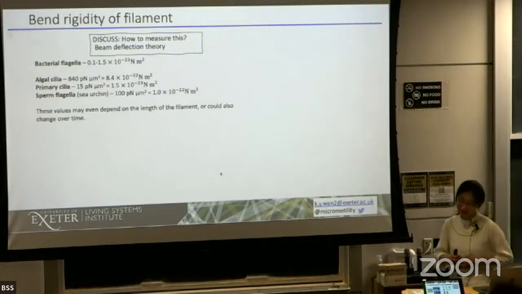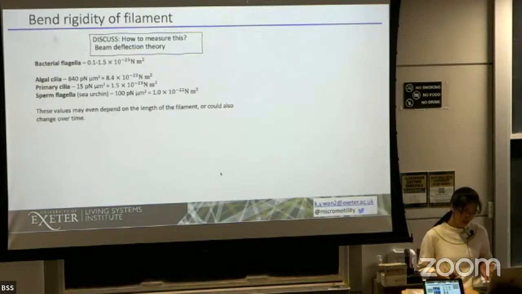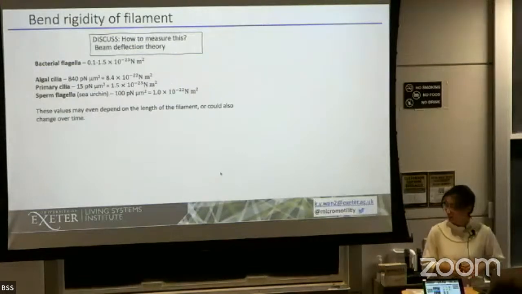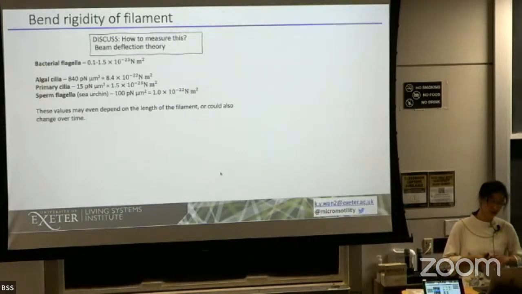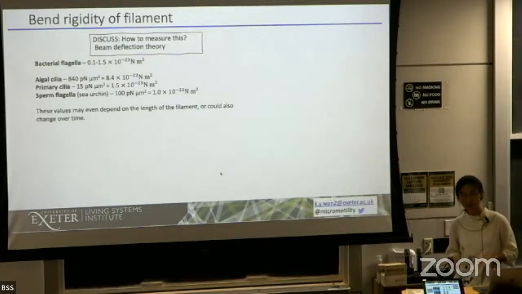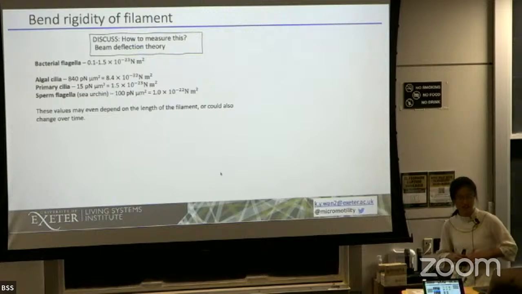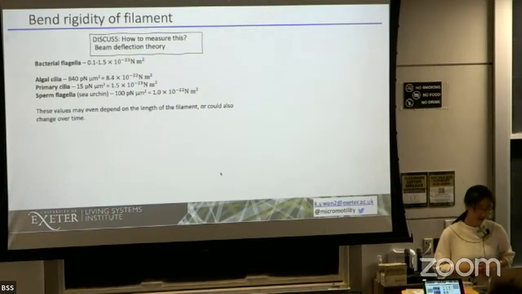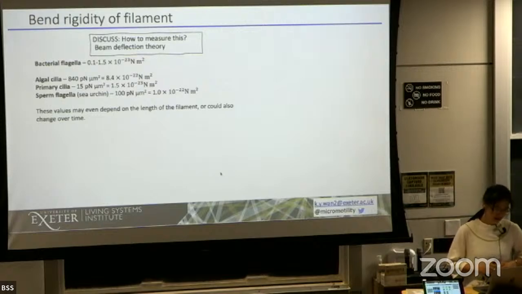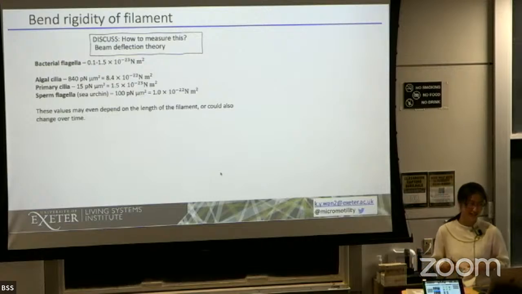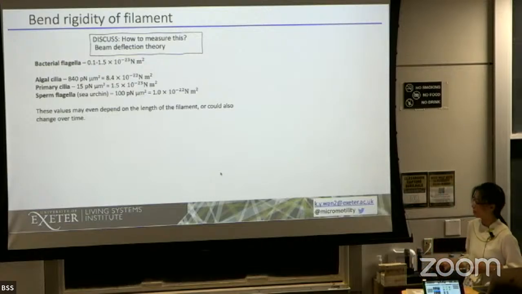So if you're intent on creating computational models of these structures or microswimmers, then this is an important parameter that you have to input into the simulations. And so often there are only a few sources that are quoted. So for bacterial flagella, I'm not sure how much I really believe these values. These are the values that are quoted in the literature, but always really take these with a pinch of salt.